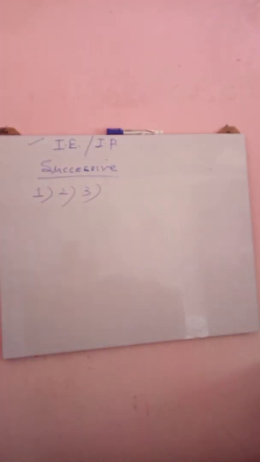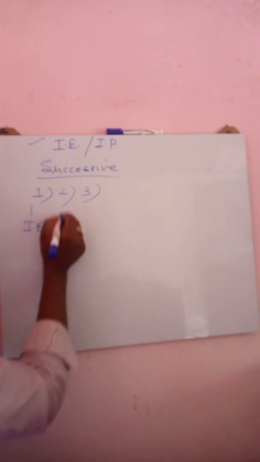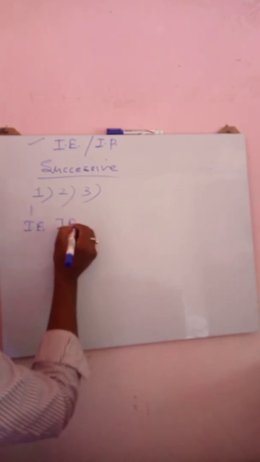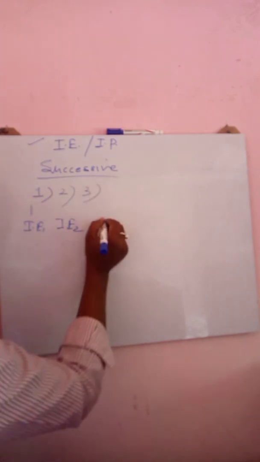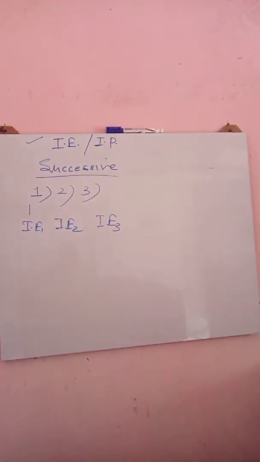Whatever energy is required in the sequence is called successive ionization enthalpy. To remove the first electron, IE1 is required. To remove the second electron, ionization enthalpy 2 is required. To remove the third one, ionization enthalpy 3 is required.